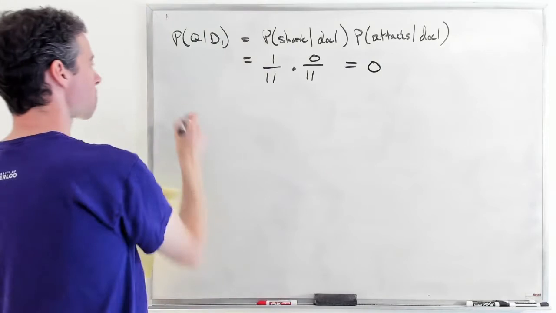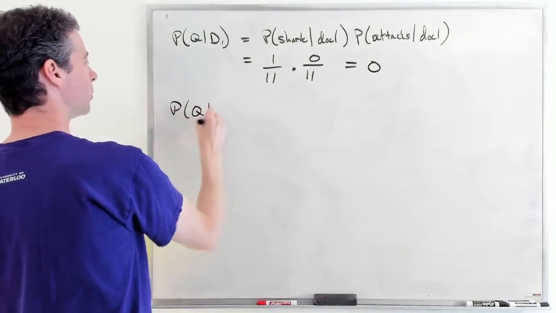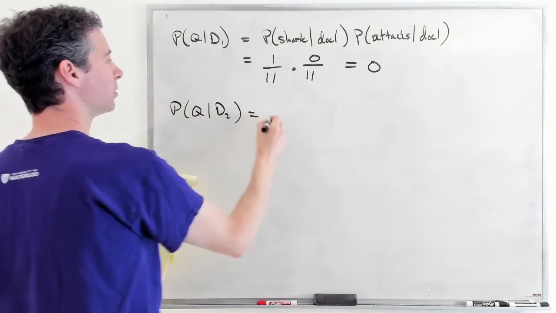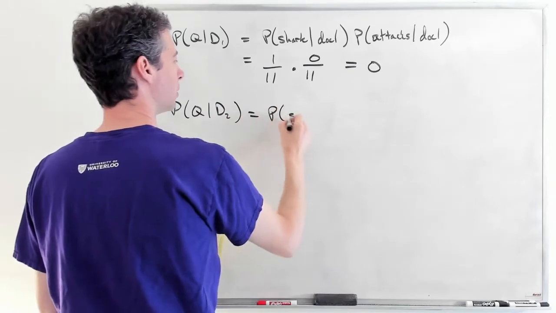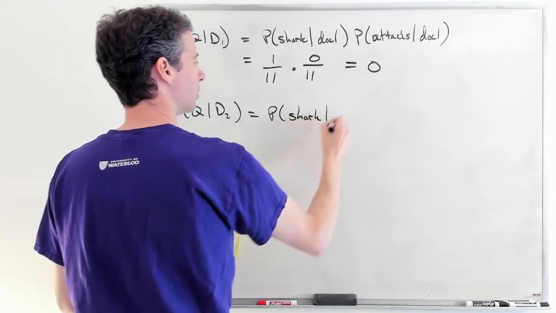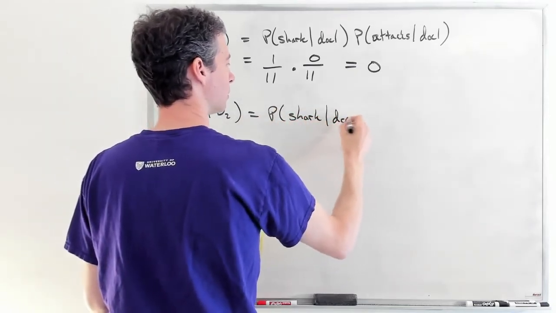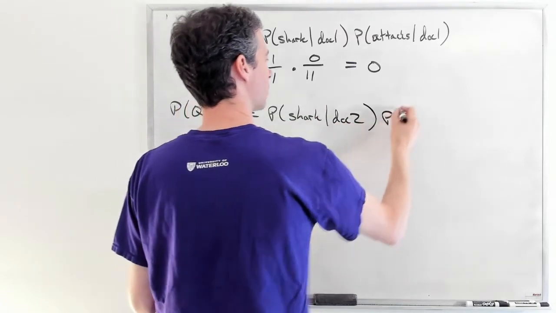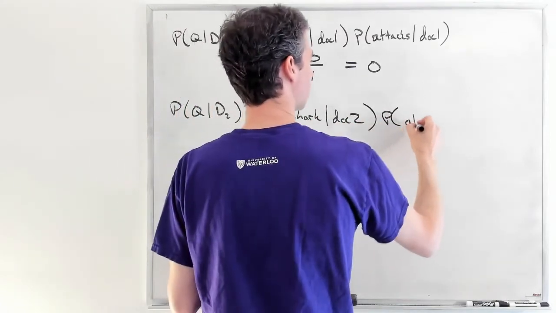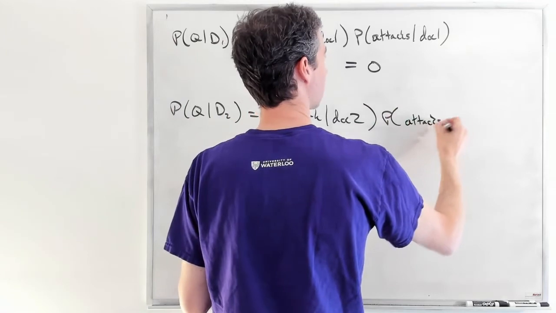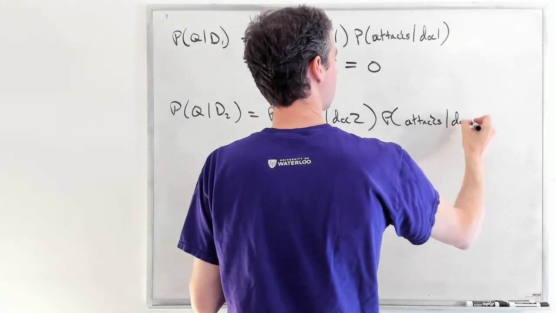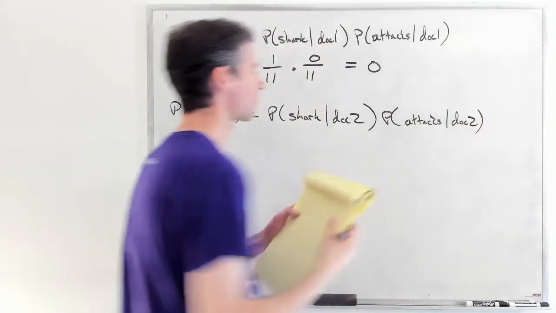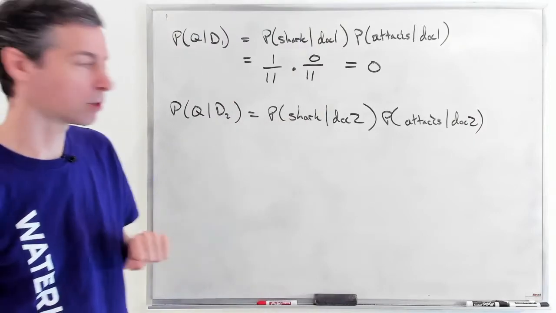All right. And the probability of our query given the second document: again, the probability of shark given document 2 multiplied by the probability of attacks given document 2. I'm actually doing a little bit of shorthand here.